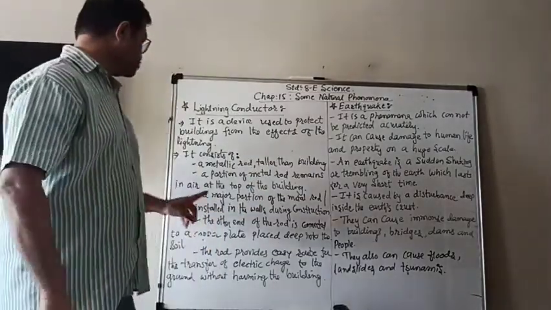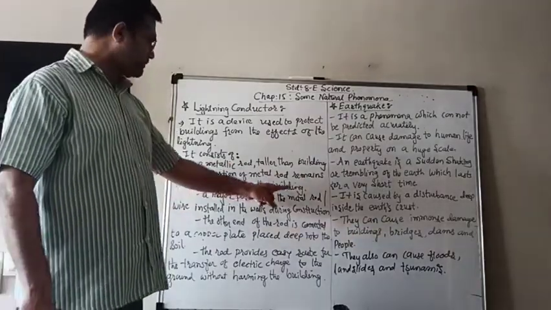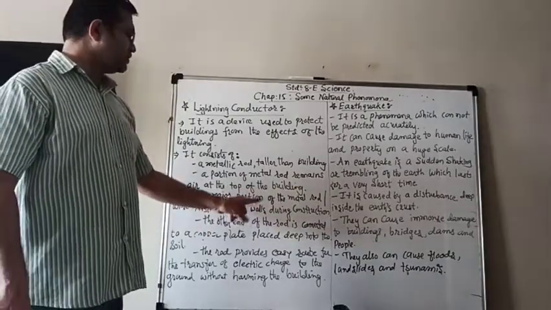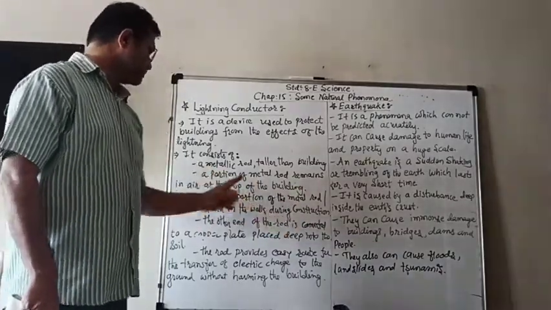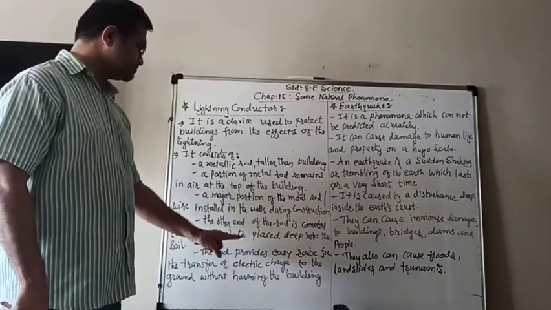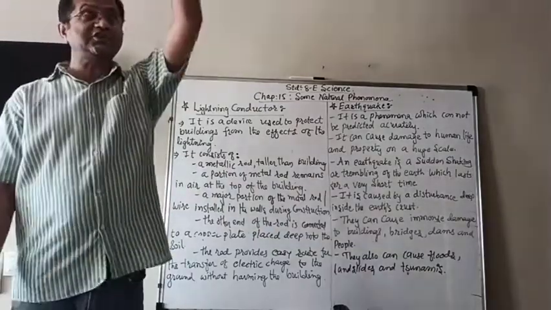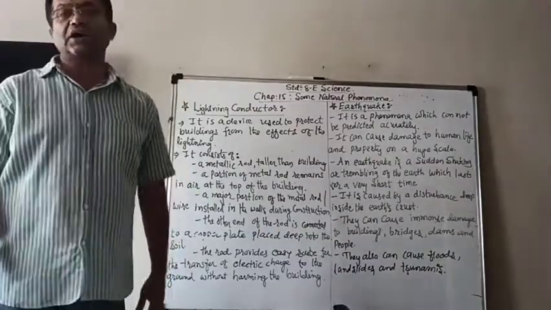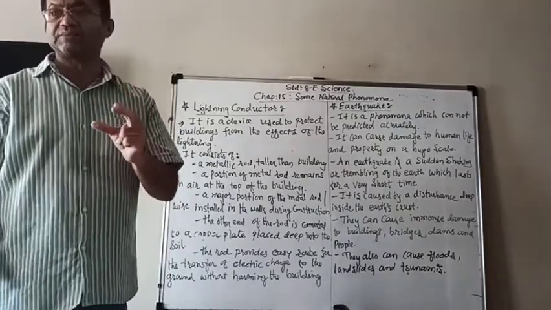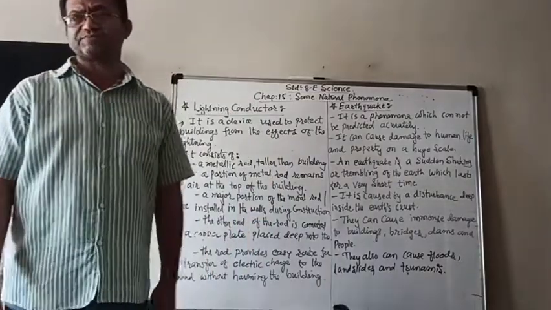As I told you, a portion of the metal rod remains in the air at the top of the building, and a major portion is installed in the walls during construction. The other end of the rod is connected to a copper plate placed deep into the soil, buried deeply in the earth's crust.